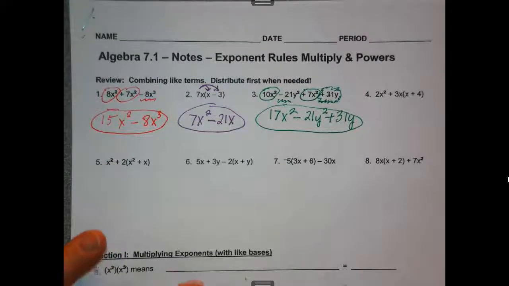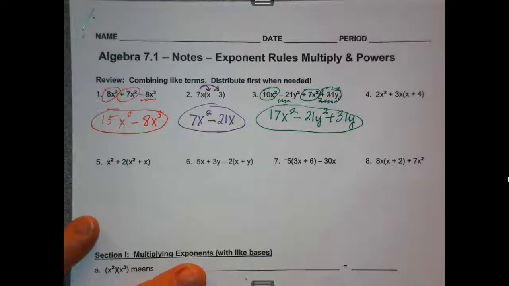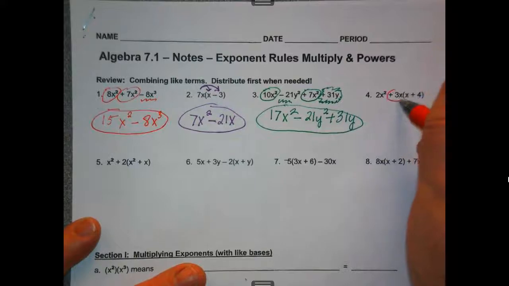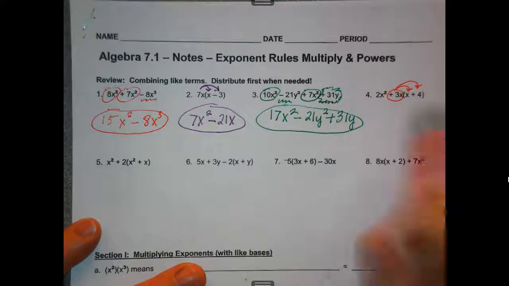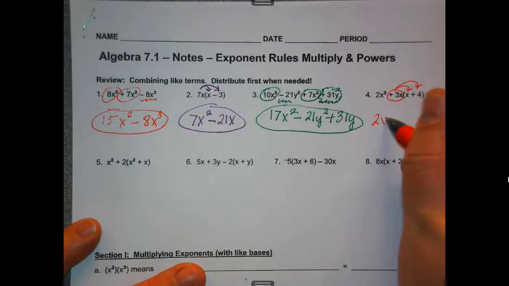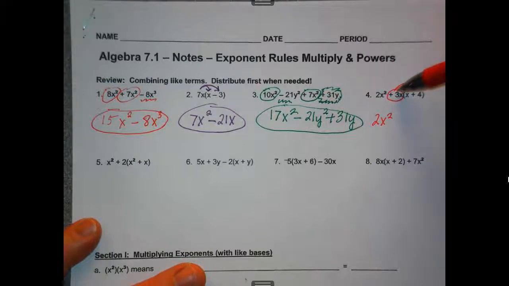Okay, number 4. We have a number in front of parentheses. You have to distribute. Nothing going on with the 2x squared, so bring that down. Positive 3x times x is positive 3x squared.